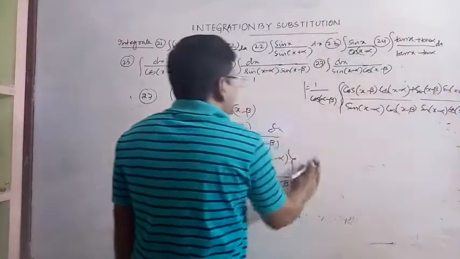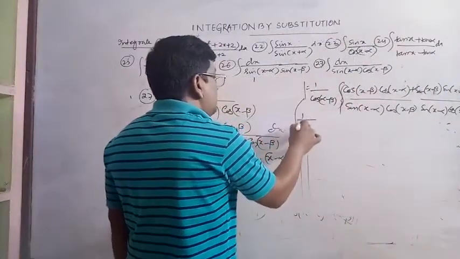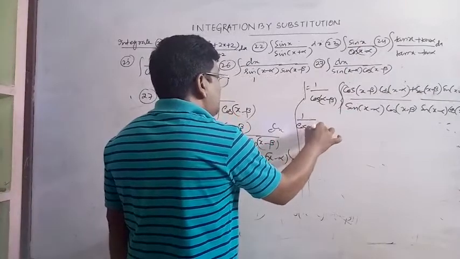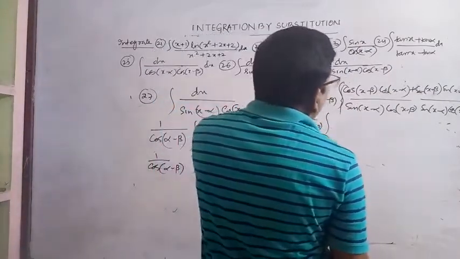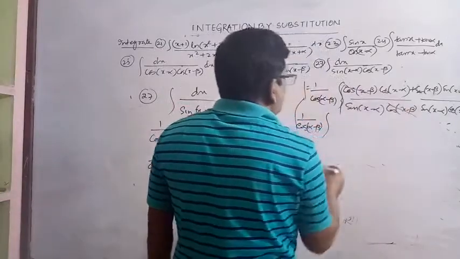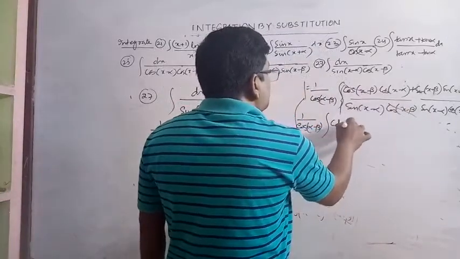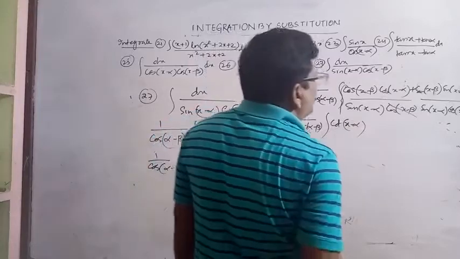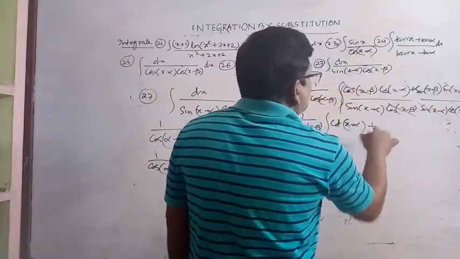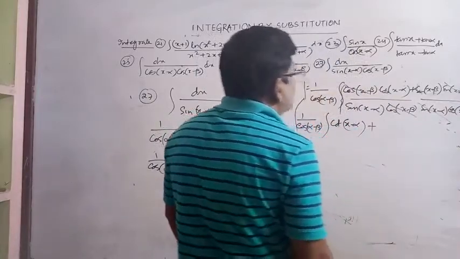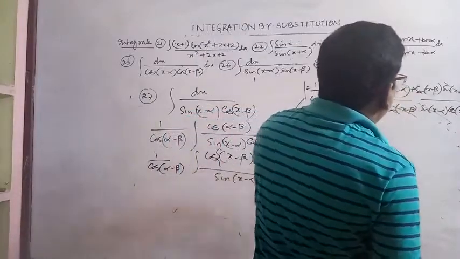So this is equal to 1 by cos(alpha − beta). Cos(x − beta) cancels cos(x − beta). This is cot(x − alpha), and this is cos by sin; this is sin by cos, so tan(x − beta) dx.